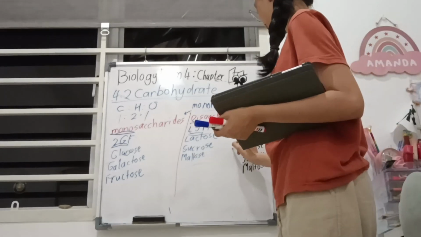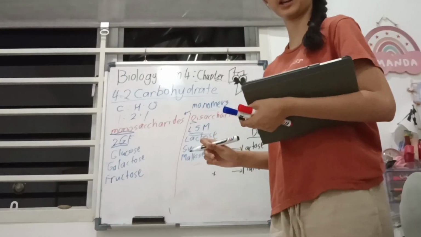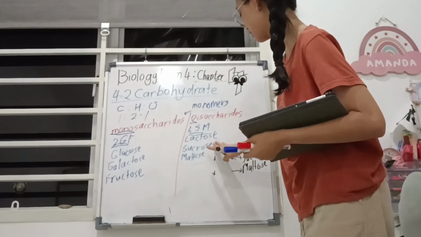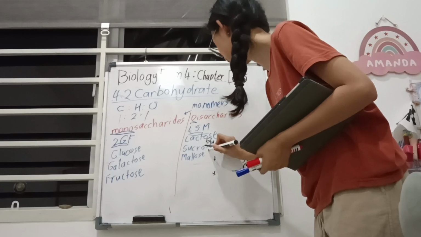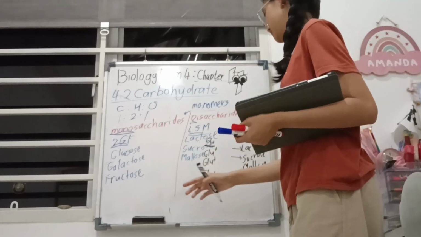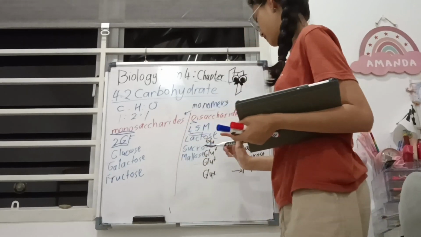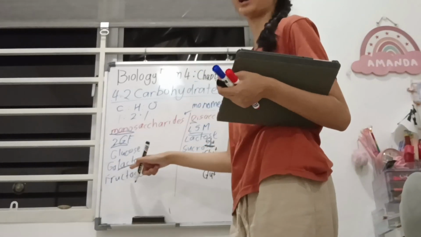Then we draw arrows and plus. Another thing you need to know, in front here is always glucose. So you need to match this with the monosaccharides. Lactose is really easy because over here, we have lactose.